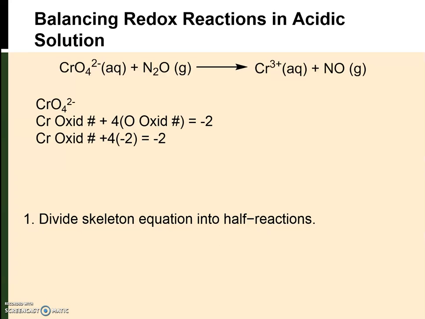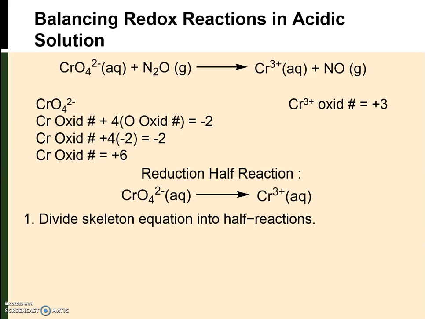We'll once again assume that the oxygen oxidation number is -2, and so now we can just solve for the chromium oxidation number, and we find that it's 6+. And then for chromium 3+, because this is just an ion of a metal, we know that the chromium oxidation number has to be 3+. So in this case, the chromium atom is being reduced from 6+ to 3+, so our reduction half reaction involves reduction of chromate to form chromium 3+.